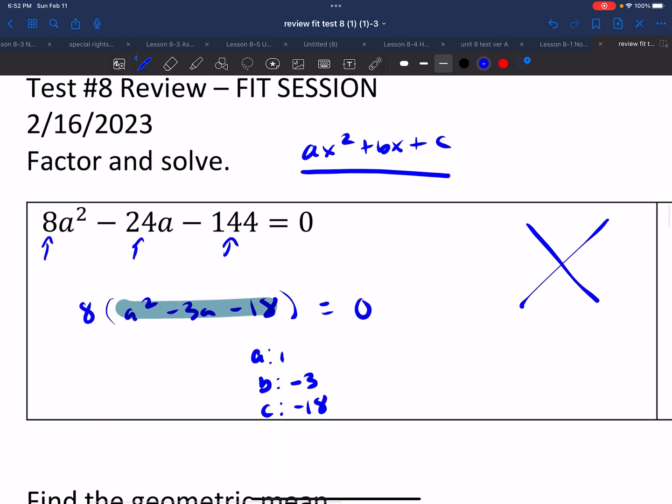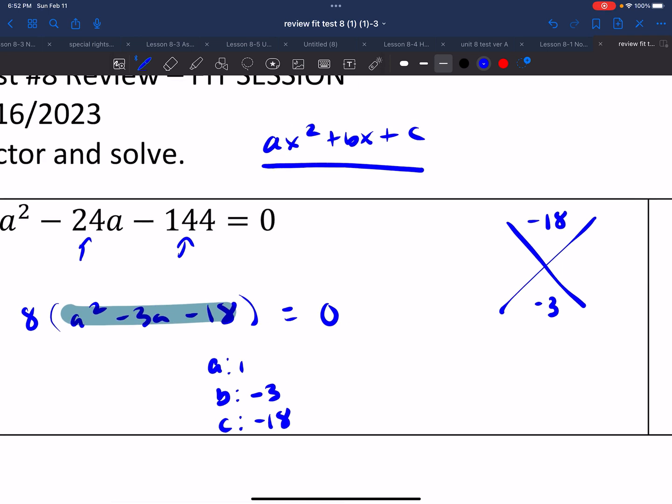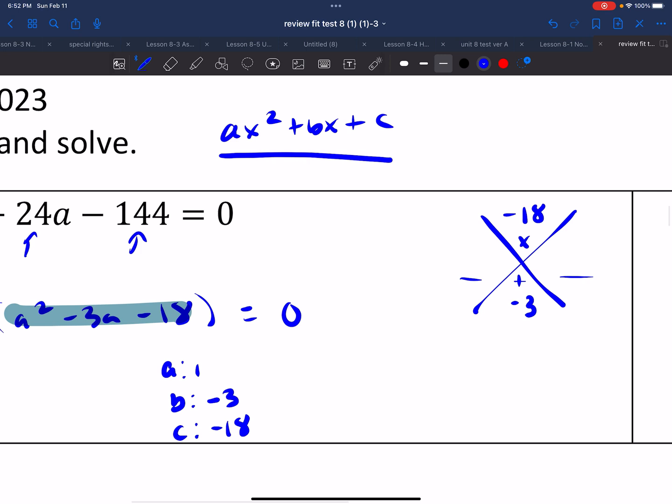Okay, so put negative 18 up top and then negative 3 on the bottom here. So I need 2 numbers that multiply together to give me negative 18 and add up to negative 3. I'm thinking negative 6 and 3, because negative 6 times 3 is negative 18, and negative 6 plus 3 is negative 3.